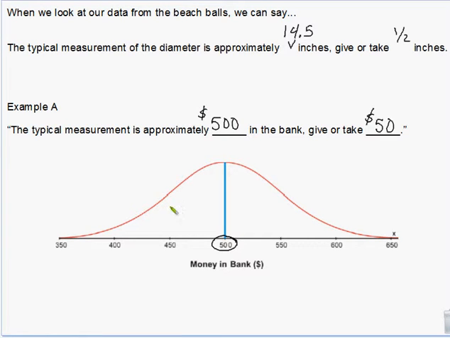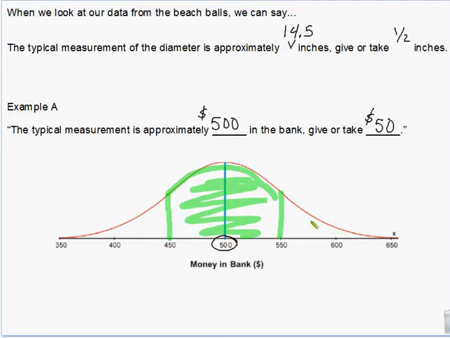If we were to highlight that and color in this curve, and we look at the area under the curve, you can see that this section here is going to have more shaded in than either of those two sections on the outside, even if we put them together. So this is telling us the spread of the data, and we're saying most of the data is in here. So far okay?